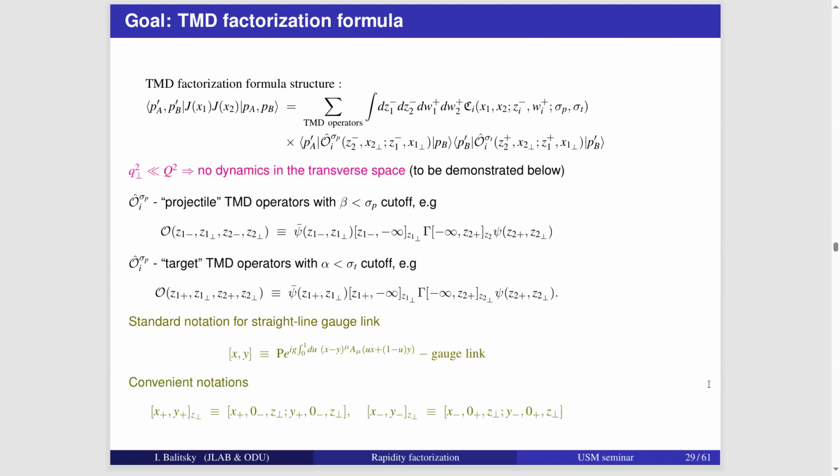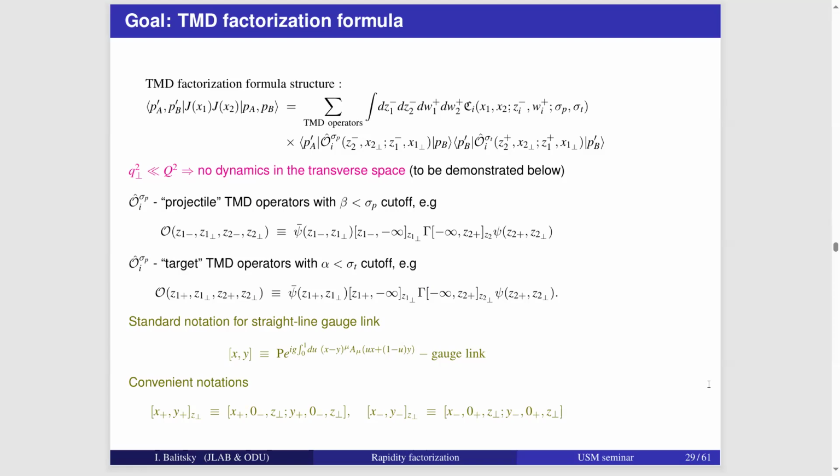Same thing, target TMD operators have the cutoff on the fraction of momenta in the target direction. Just notations: this is any gamma matrix, can be any, and this is the standard notation for the straight line gauge link.